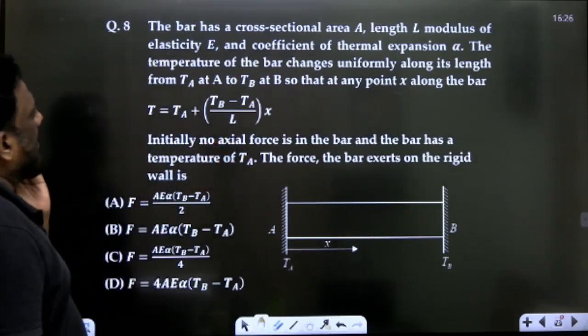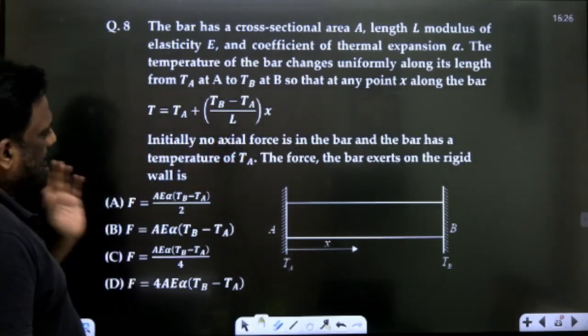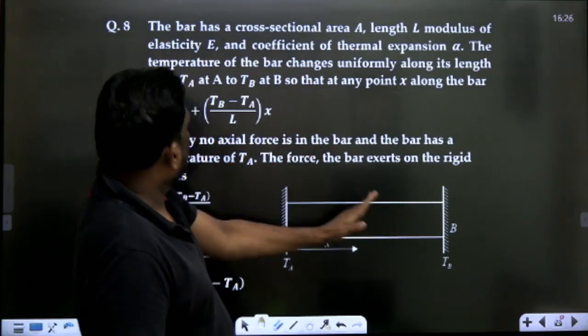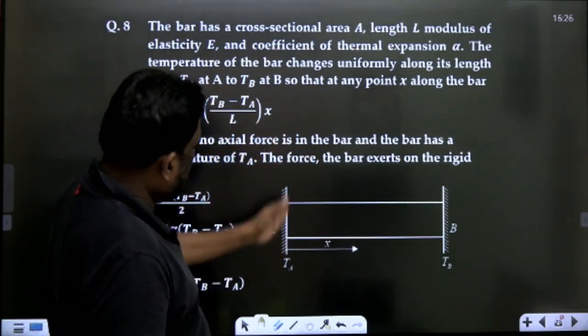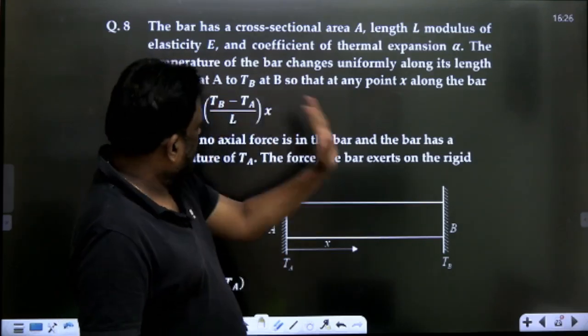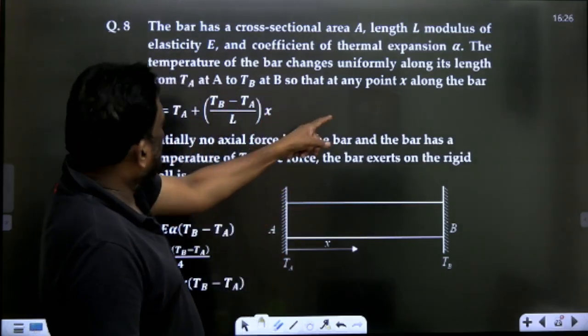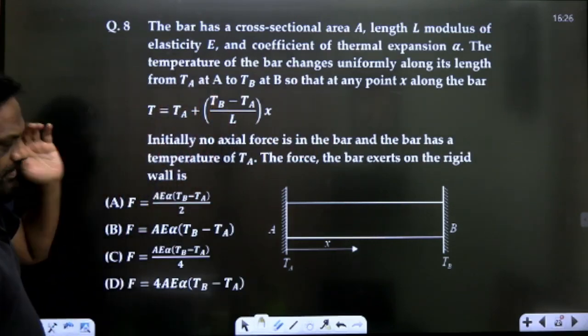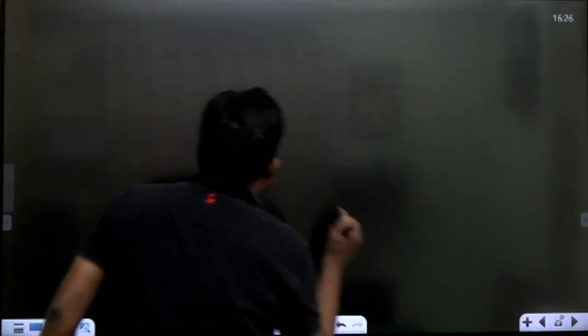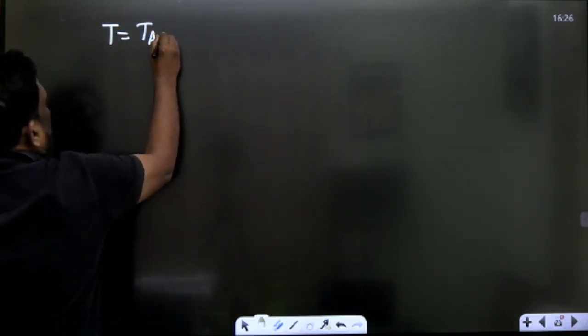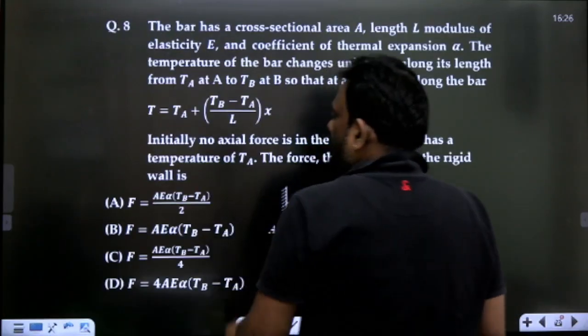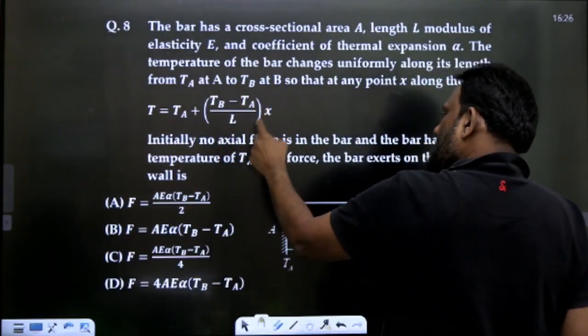The temperature of the bar changes uniformly along its length from TA to TB. Here the temperature is TA and the temperature here is TB. So at any point the temperature is given by TA plus (TB minus TA) by L times x.